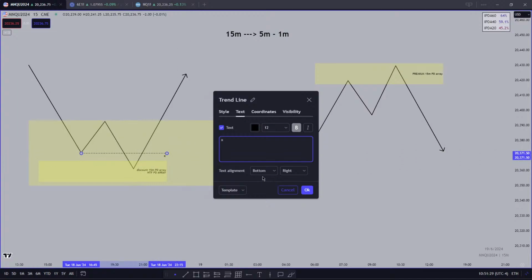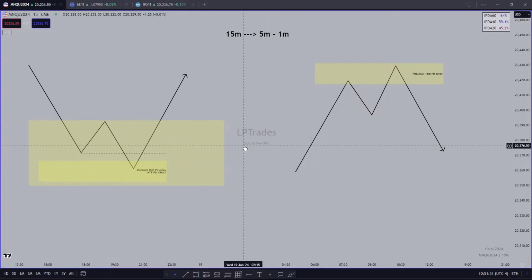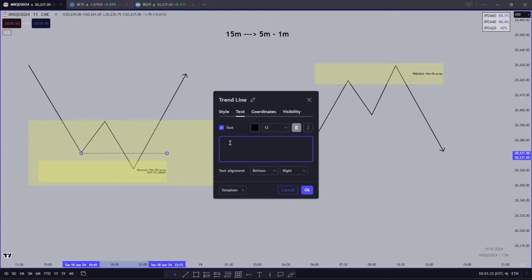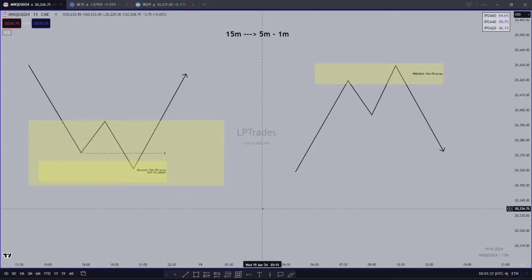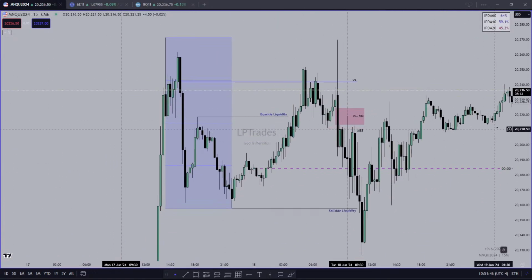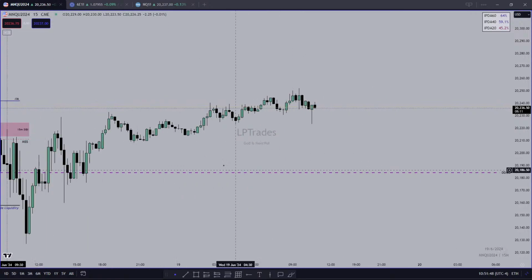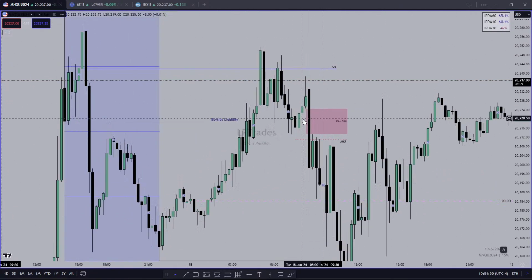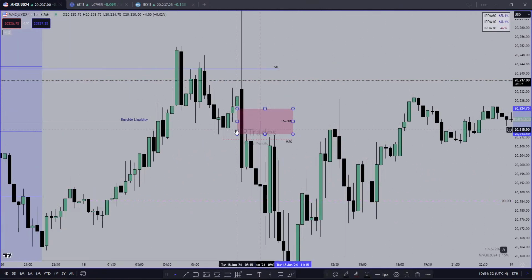I always put an X on it because that's the main thing that I look for, that X. So I can show you how that looks on the charts, like from yesterday. Yesterday there was this 15-minute fair value gap that was created during the 8:30 news.